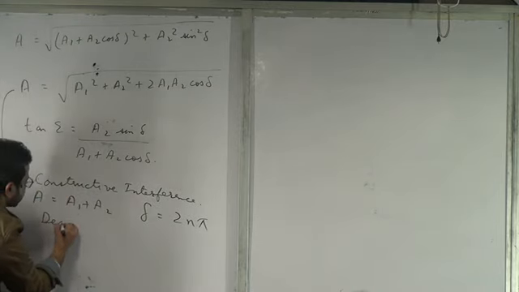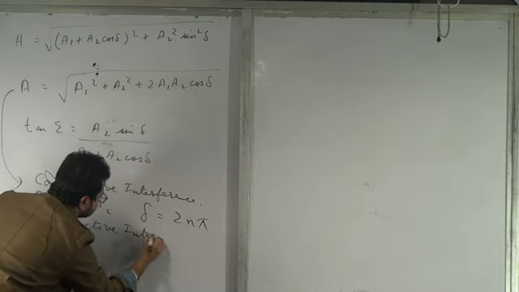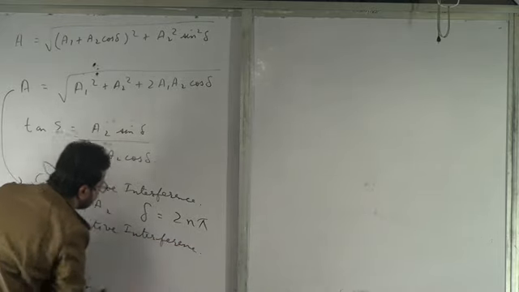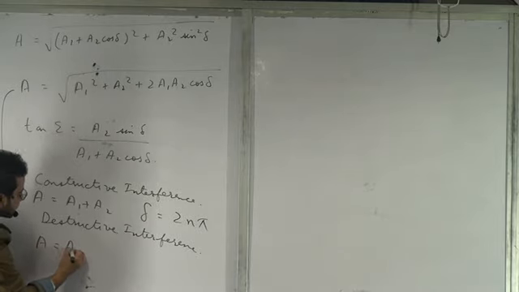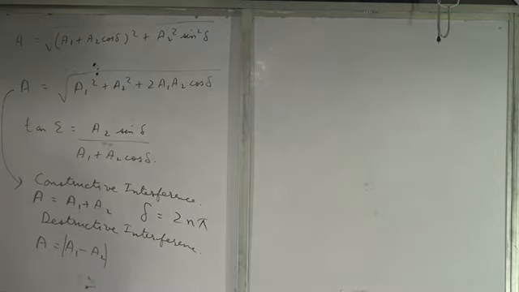If I'm talking about destructive interference, the resultant amplitude would be a1 minus a2, and I'll put a mod sign because I don't know if a1 is greater or a2 is greater.